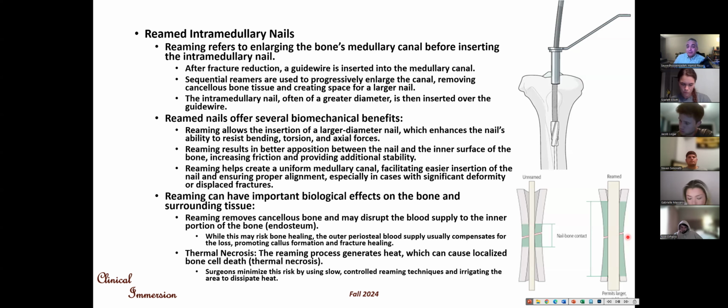Sometimes, for example, if the patient has had a previous surgery, or a severe trauma to the limb and the muscles around the femur or around the tibia are severely injured, the external blood circulation to the bone is damaged. If we perform reaming, we are also damaging the internal blood supply.